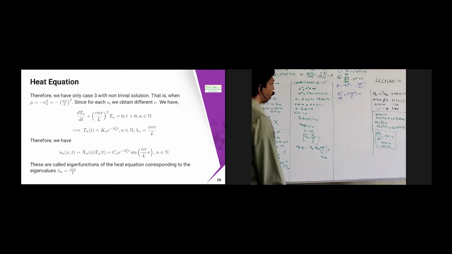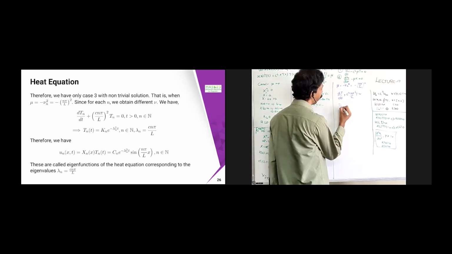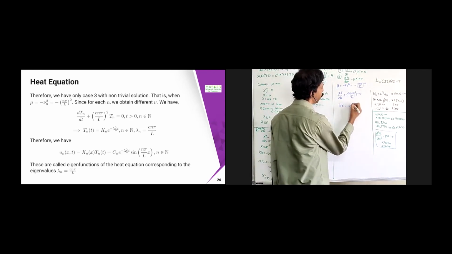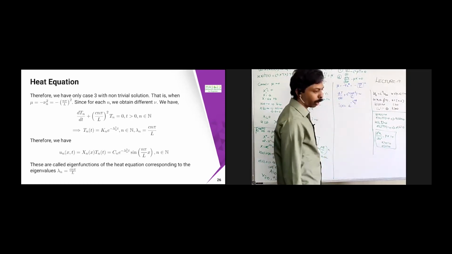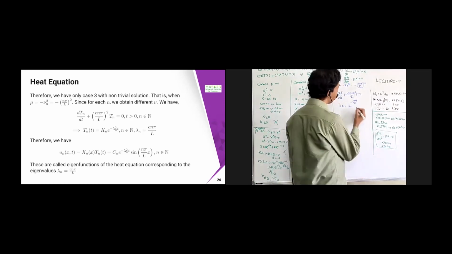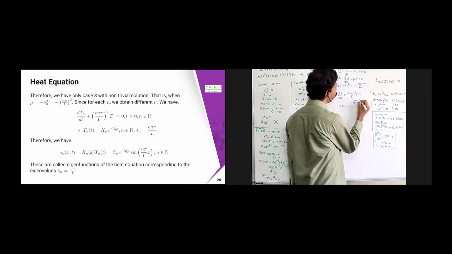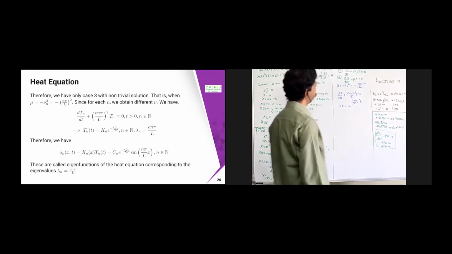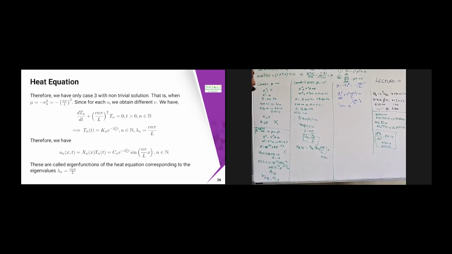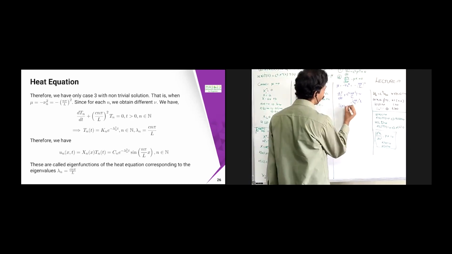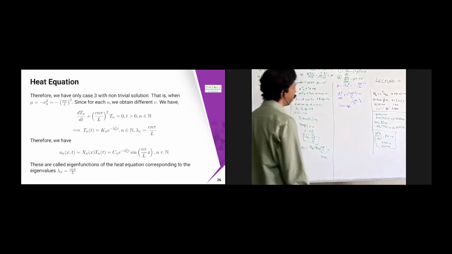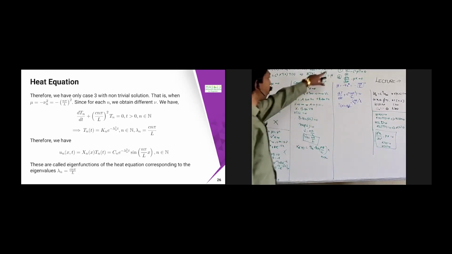If you solve it, T(t) is going to be e to the power minus (c n pi / L) whole squared into t, with some constant k. This is the solution for problem number 1.